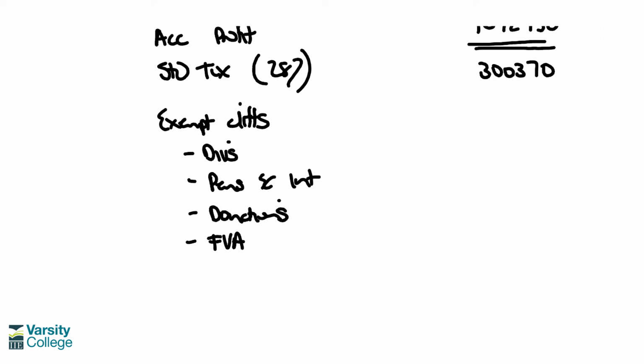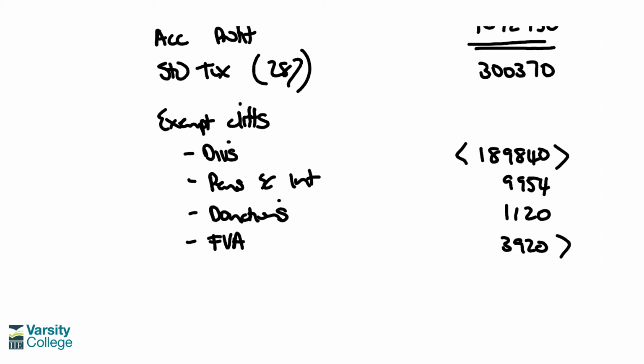You don't even need to do any calculations because you've got all the figures in part 2 of the question. So you just pull them through exactly as is. 189,840 with a bracket because it was income, 9,954 and 1,120, both added back because they were expenses, and the fair value adjustments 3,920 also subtracted because it was income.